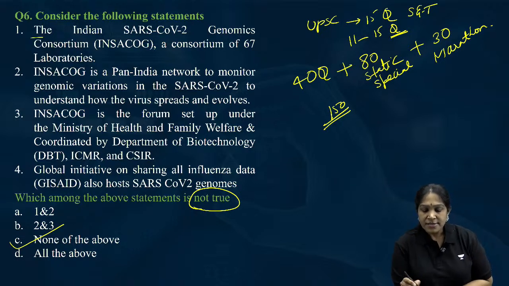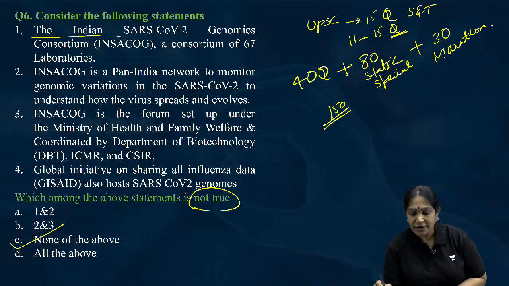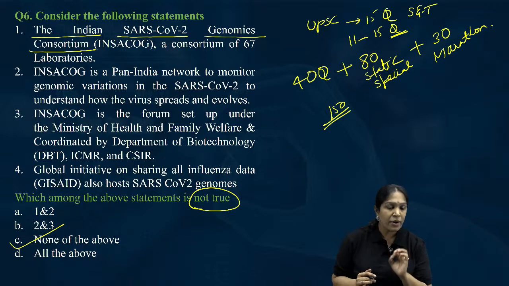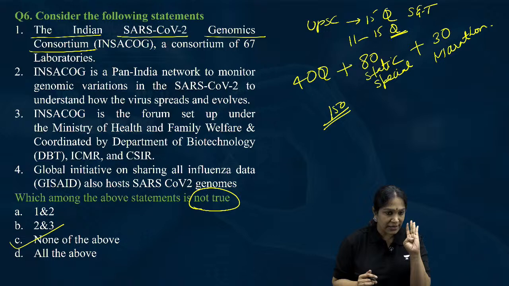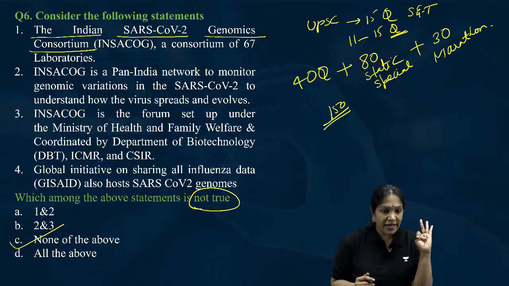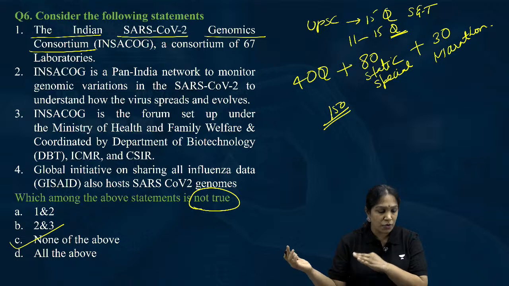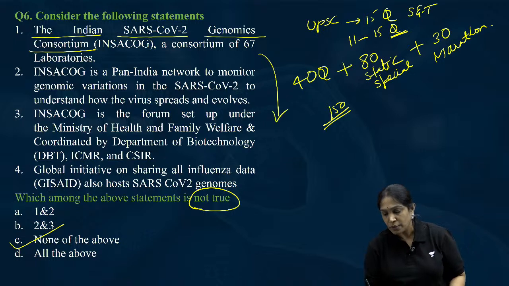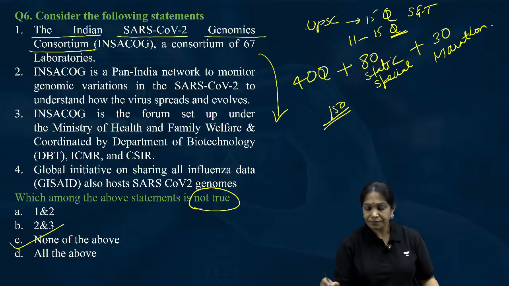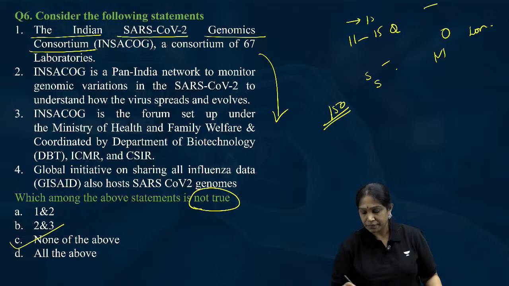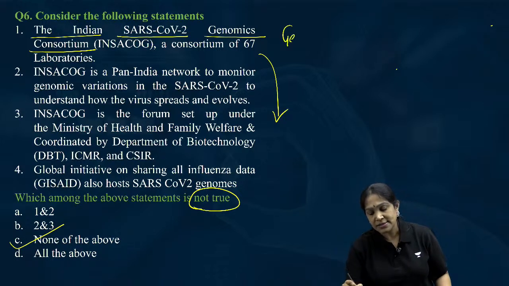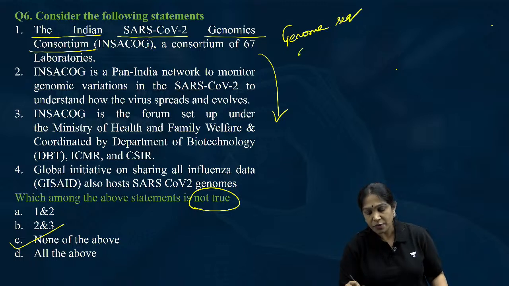Okay, first of all, what is this? The Indian SARS Coronavirus Genomics Consortium. Okay, INSACOG. You might have heard about INSACOG, Indian, not international, Indian. SARS Coronavirus 2, that is the virus that caused COVID-19. Genomics Consortium. Okay, what will it do?